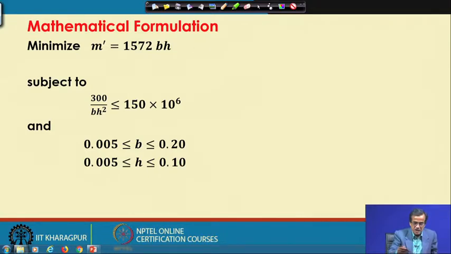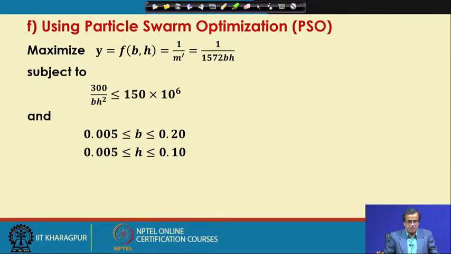Now, this is a minimization problem, but in principle the particle swarm optimization can solve a maximization problem, and that is why this problem has been rewritten in the form of a maximization problem like this: maximize y equals a function of B and H, which is 1 divided by M prime, that is 1 divided by 1572 multiplied by B H, subject to the developed stress being less than or equal to 150 multiplied by 10 raised to the power 6, and B and H lying within their respective ranges.